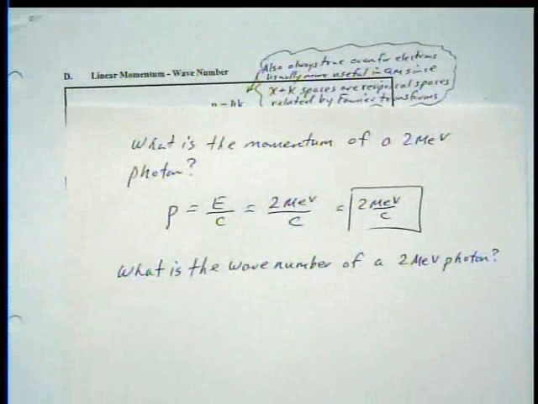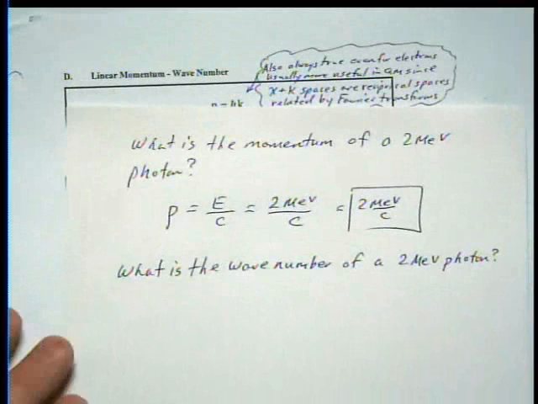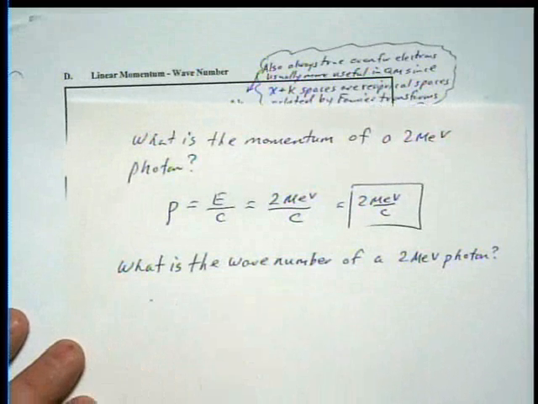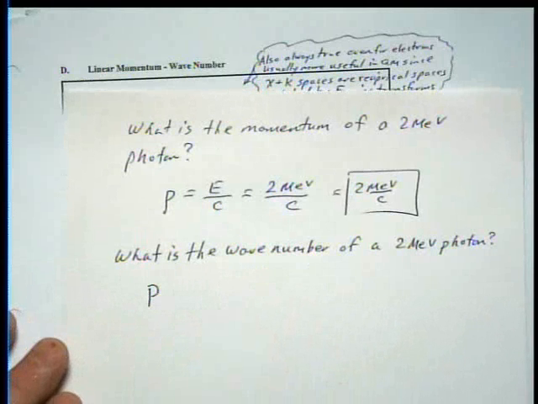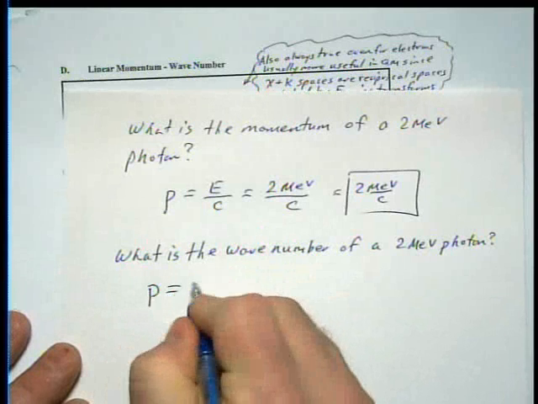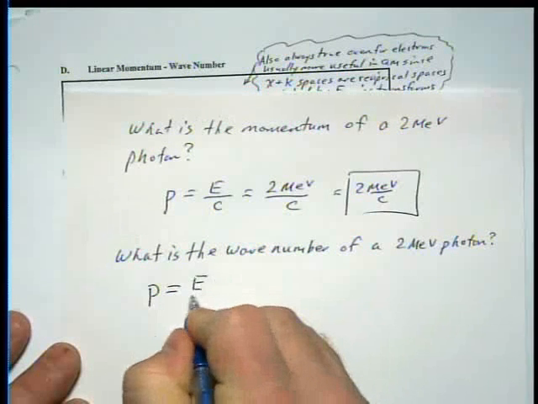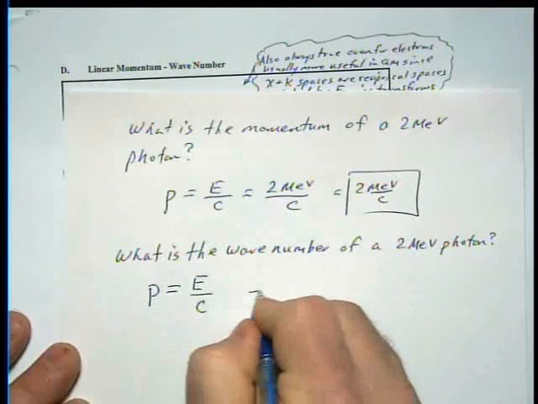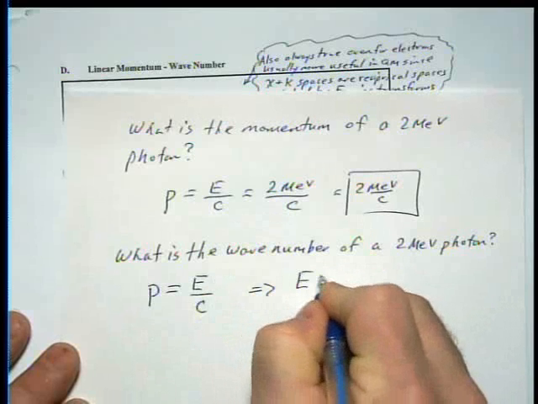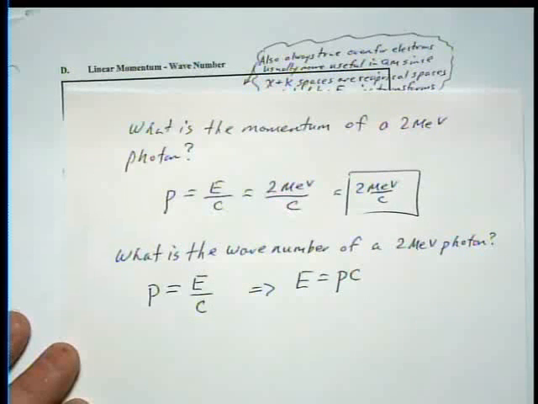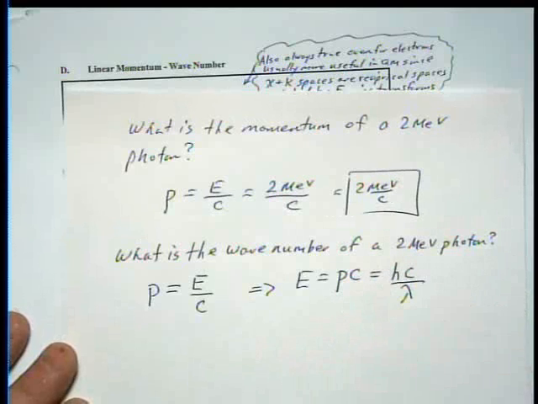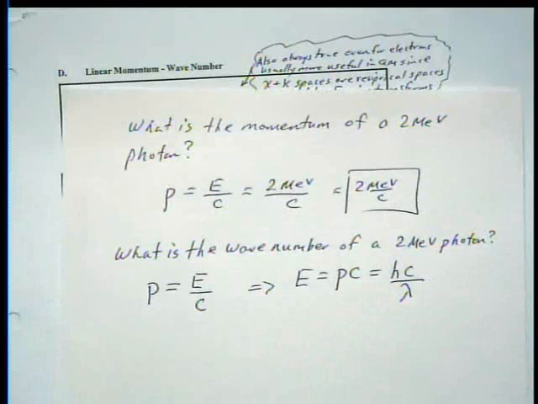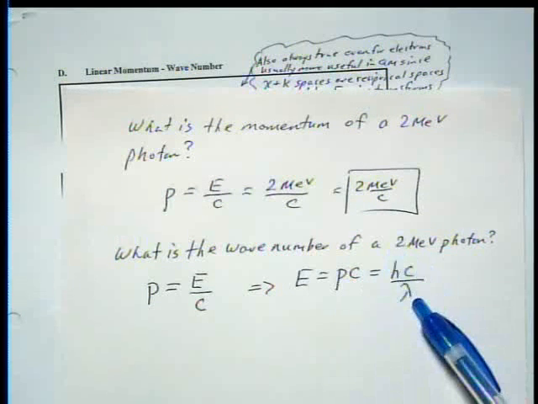Now the thing gets a little bit harder, okay? So let's look at a couple of things. First, you're going to need to find P. Well, that's E over C. So E is PC, which is HC over lambda. So it's relatively easy, using P as H over lambda, to go ahead and find E.